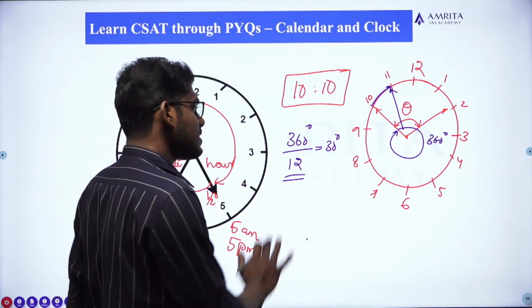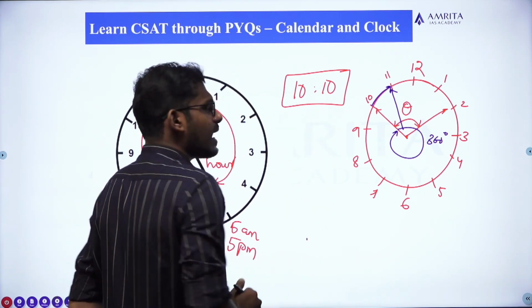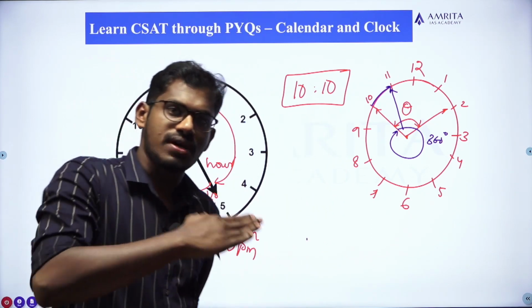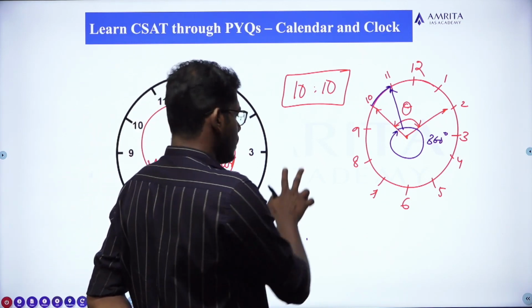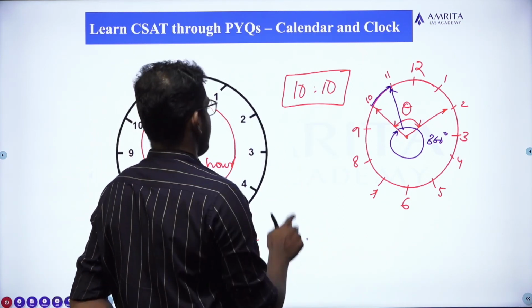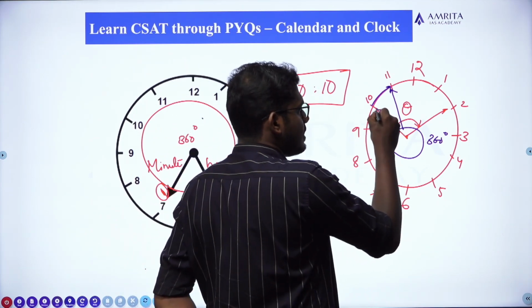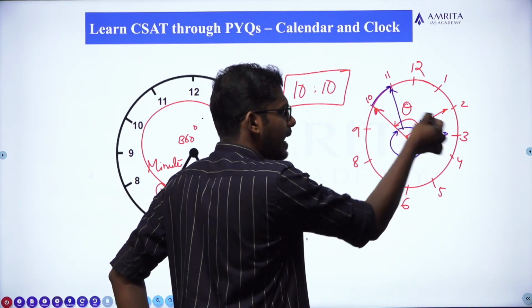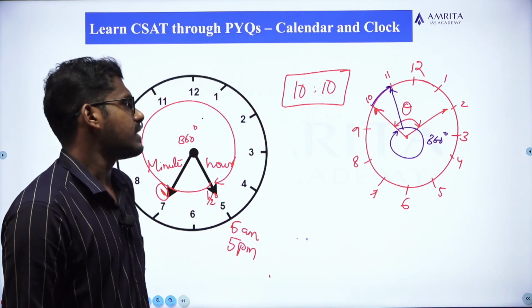Clear? Okay. This is another basic idea. So the minute hand takes 30 degree to cover 5 minutes. Clear? Okay. Now please listen. We have to find the angle between the hour hand and minute hand at the time 10.